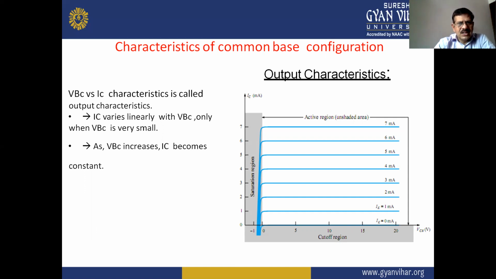In that case IC varies linearly. As the base to collector voltage increases, IC becomes constant, as shown in this graph.